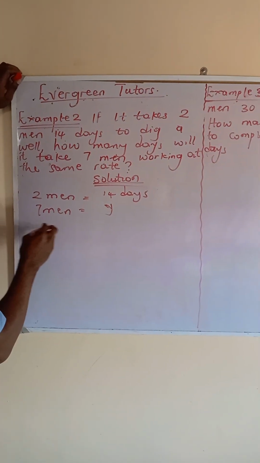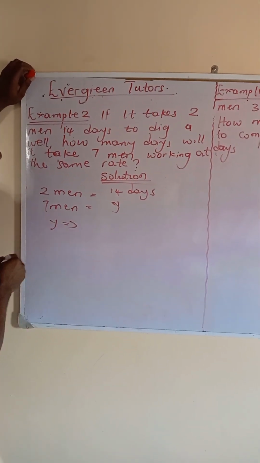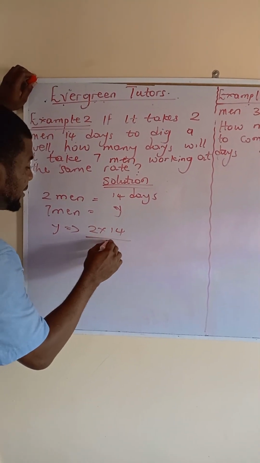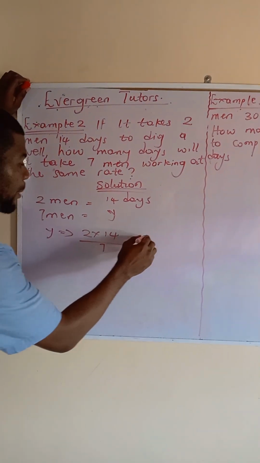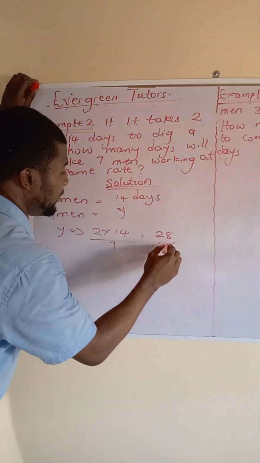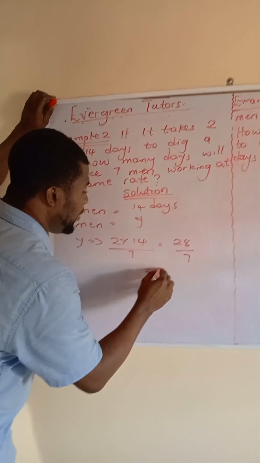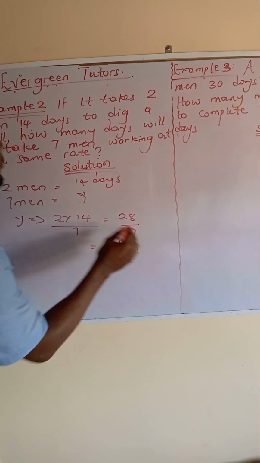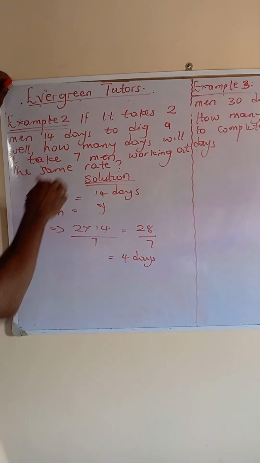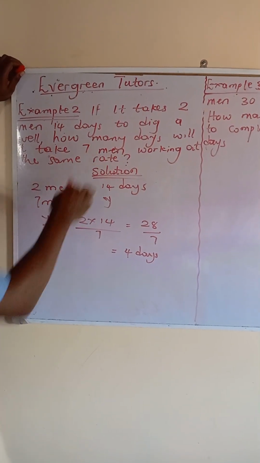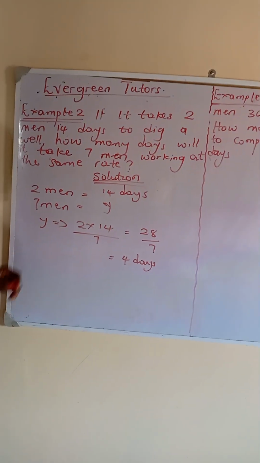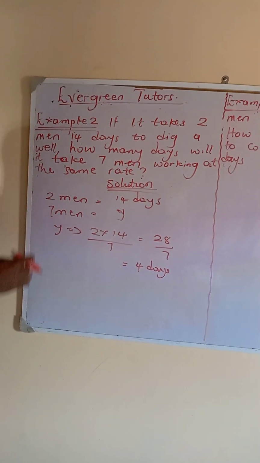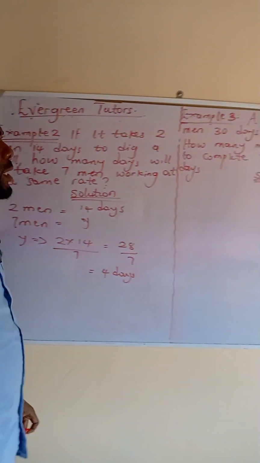So to get the y is going to be 2 multiplied by 14 divided by 7. 2 multiplied by 14 will give me 28, divided by 7 will give me what? 4. Will give me 4 days. How many days will it take 7 men working at the same rate? It's going to give me 4 days. Now this is what an inverse proportion question looks like. Now let's go to the next one.